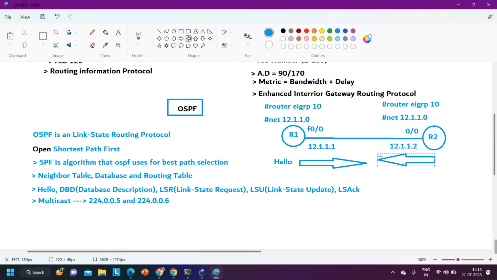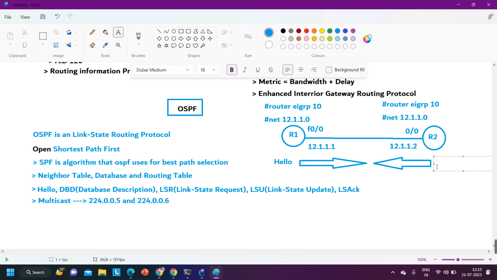Both routers will receive the hello message of each other. Both routers are going to match the AS number coming in the hello message with their own AS number. When router 1 sends its hello message to router 2, router 1 will include the AS number inside the hello message, so the AS number will be 10, and router 2 will also include its AS number, and metric components also, that is, which components I am using, bandwidth plus delay, to calculate the metric, because in the formula we are using bandwidth and delay.